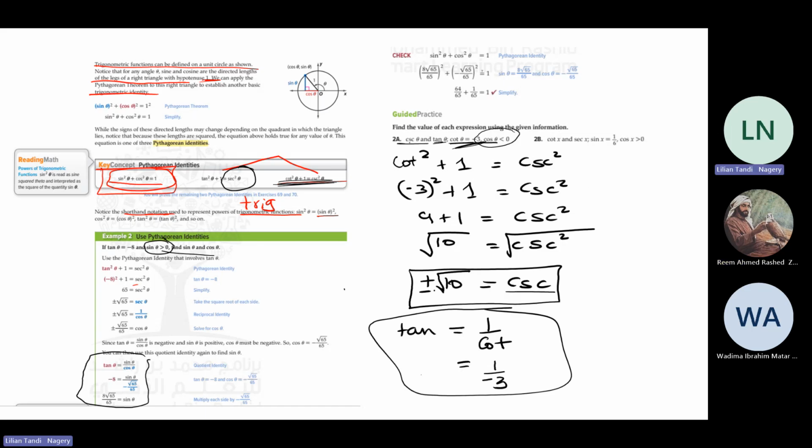The answer here should be for cos theta. But we did not use cos theta anyway. So we don't care about that. Do you understand? Yes. We don't have cos theta, cos anywhere in our work. Here is our answer. Okay?